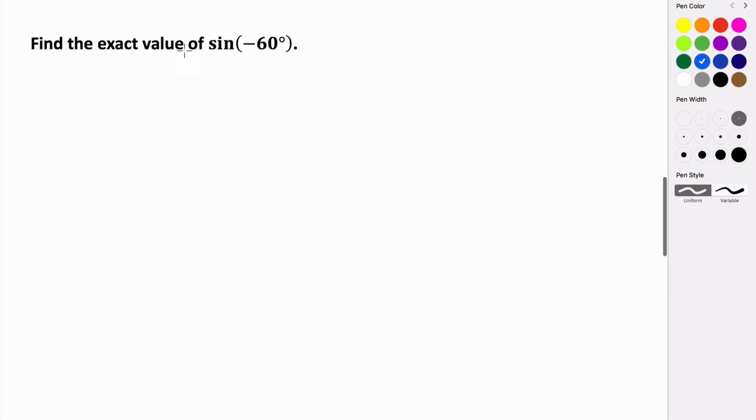We want to find the exact value of the sine of negative 60 degrees. Sine is an odd function, so this is going to be the opposite of the sine at positive 60 degrees. At 60 degrees, the ordered pair is 1/2, radical 3 over 2, and the sine is the y-coordinate.